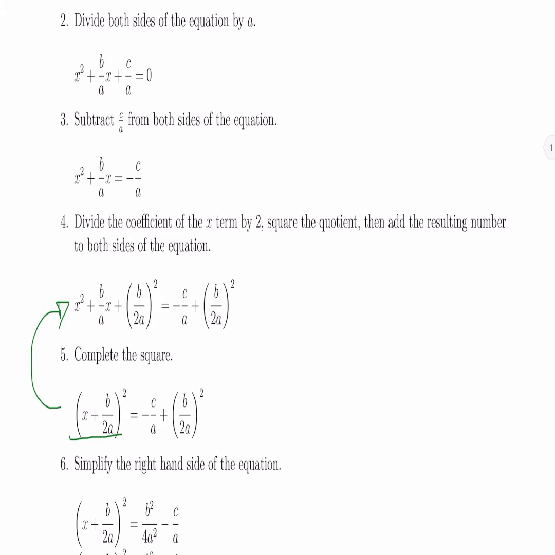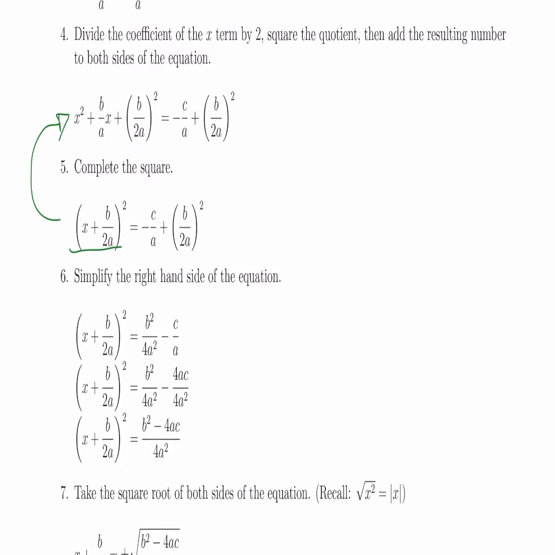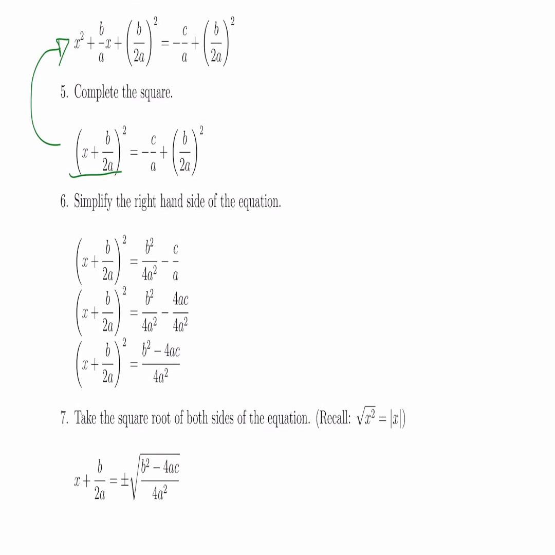So we've got the term x plus b over 2a all squared on the left-hand side. On the right-hand side, we've got the rest of our constants. And that's what we're going to do in step number 6, deal with these constant terms on the right-hand side of the equation and clean it up a little bit.